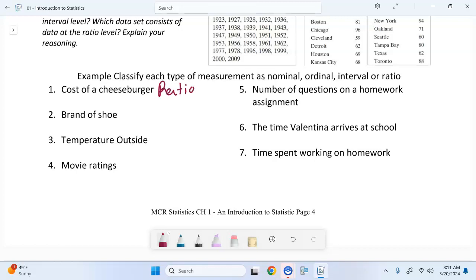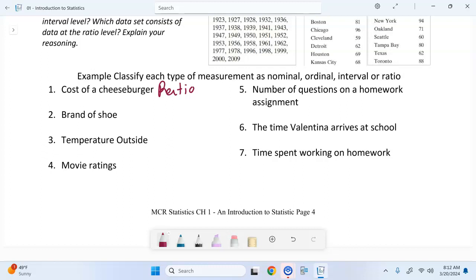So, again, we're going with level of specificity. Yes, we can order it. We can rank the cost of the cheeseburgers. That puts it at ordinal, but there's a meaningful difference in the price. This cheeseburger is $1 more than the other one. That moves it down to the interval. And if it was $0, it's free.